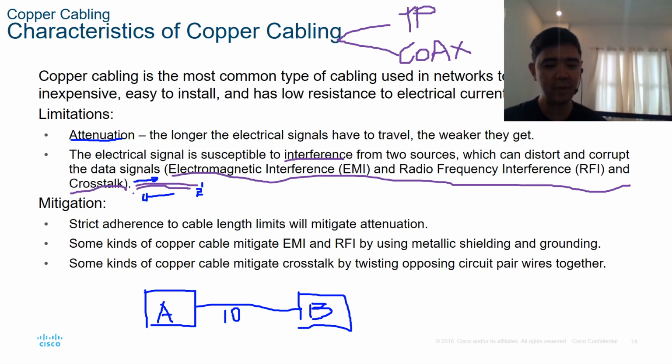Let's say you overlook this rule, and the distance of A to B is 150 meters and you use a twisted pair with a length of 150 meters. What will happen is that the signal will encounter attenuation.